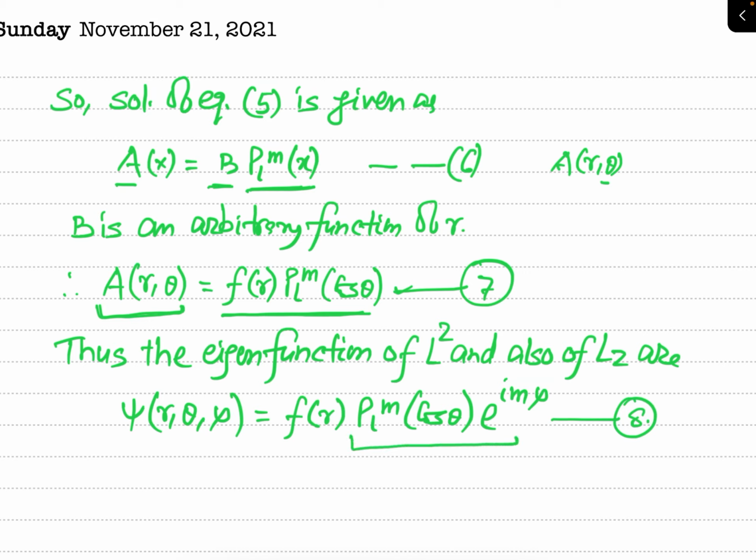Now, the product of these two functions, that is P_L^M of cos theta times e raised to the power i m phi, in fact, this product with a proper normalization constant is known as spherical harmonics. And so, we can replace this factor by the spherical harmonics.